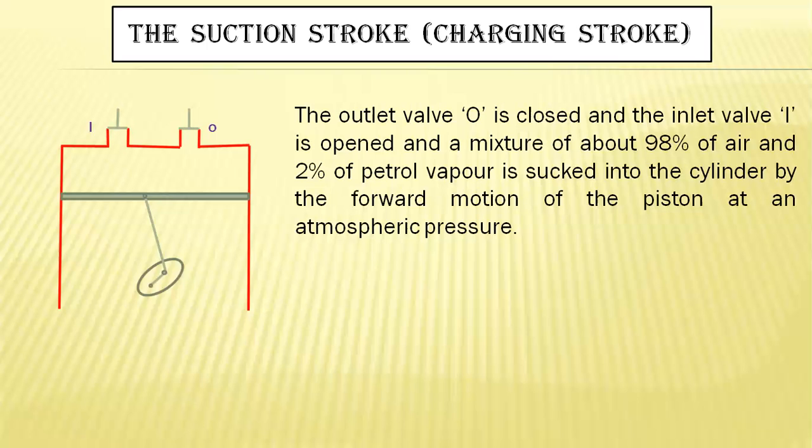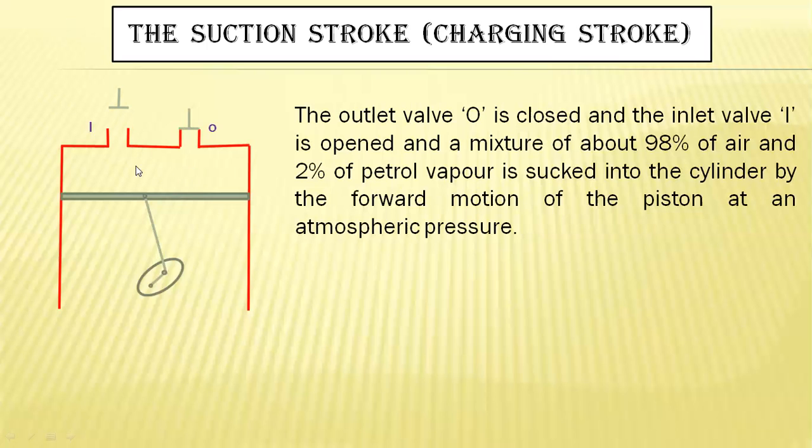This is the first stroke of the Otto engine. So look at the diagram here. Initially, the outlet valve is closed, inlet valve is open. About 98% of air and 2% of petrol vapor is sucked inside the cylinder here.